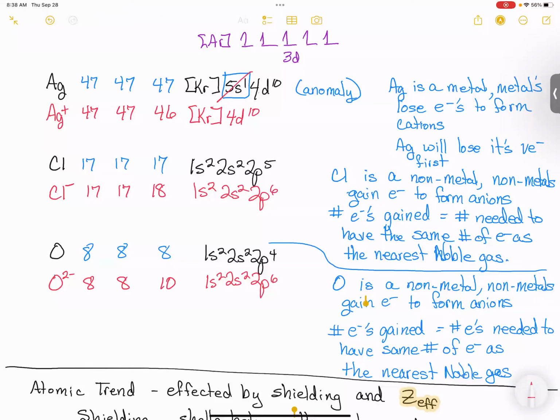And so we talked about the quantum numbers, and then we got into electron configurations. We've dealt with the electron configurations of neutral atoms. We've dealt with the electron configuration of anomalies. And now we have dealt with the electron configurations of ions.